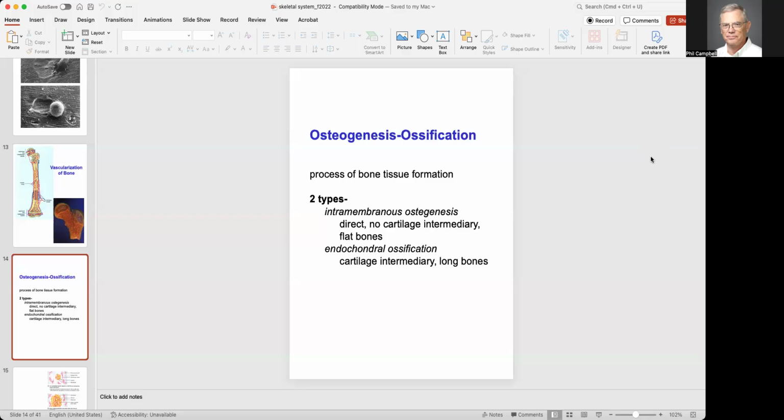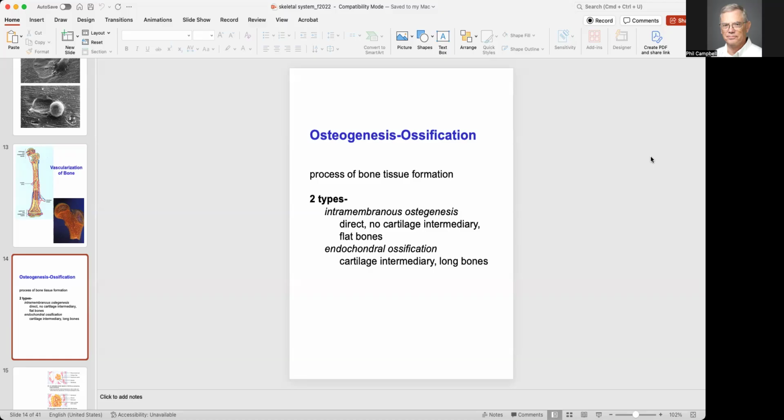One consists of a stem cell population that differentiates into pre-osteoblastic cell types. They then differentiate directly into bone. So we go from stem cell populations to bone directly. This is referred to as primary bone formation or direct bone formation. This is typically associated with flat bones, such as your skull.